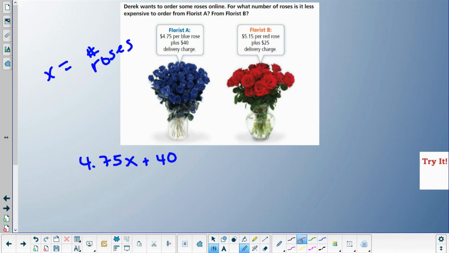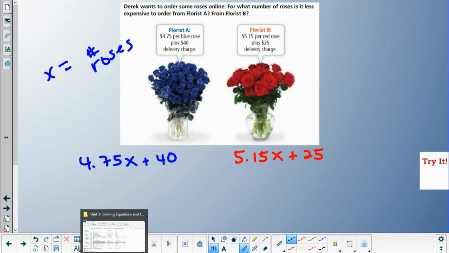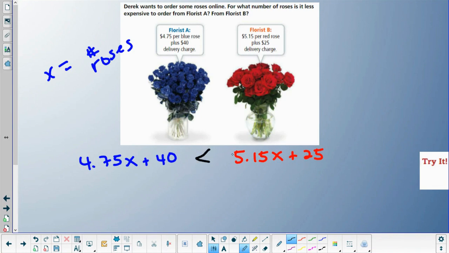On this side over here, we have florist B is $5.15 per rose plus the $25 delivery charge. So these are the two equations we have. And it says, for what number of roses is it less expensive to order from florist A? So we want this side to be less than this side. And from this, we can actually solve just like a normal inequality that you guys were solving before.